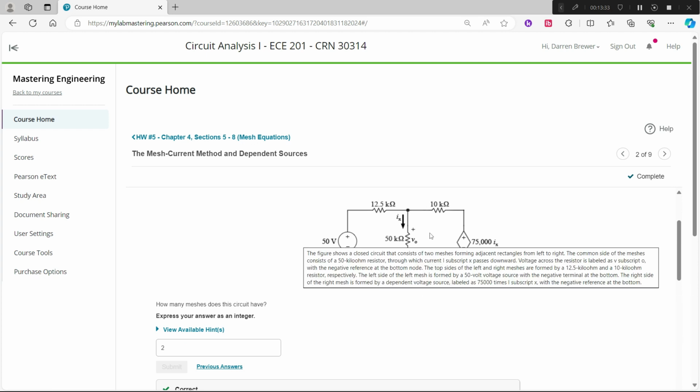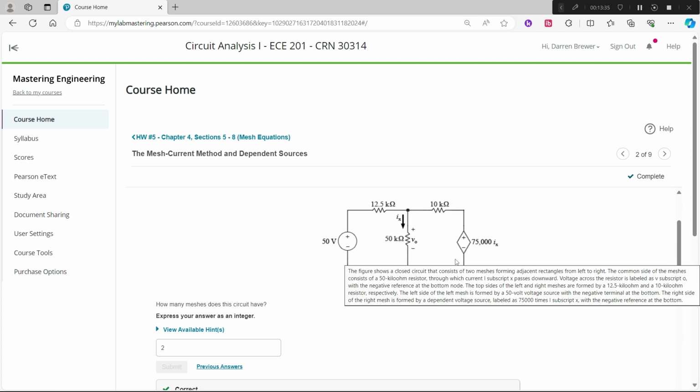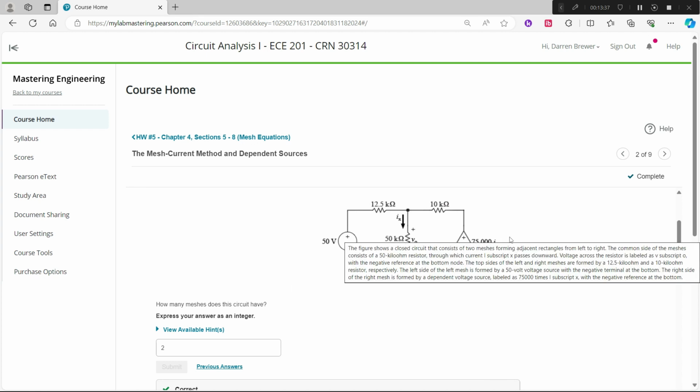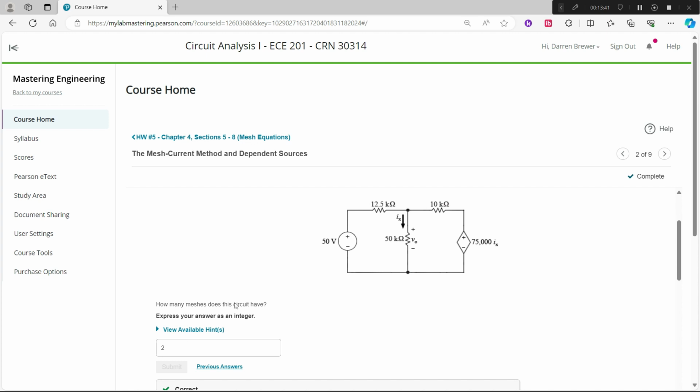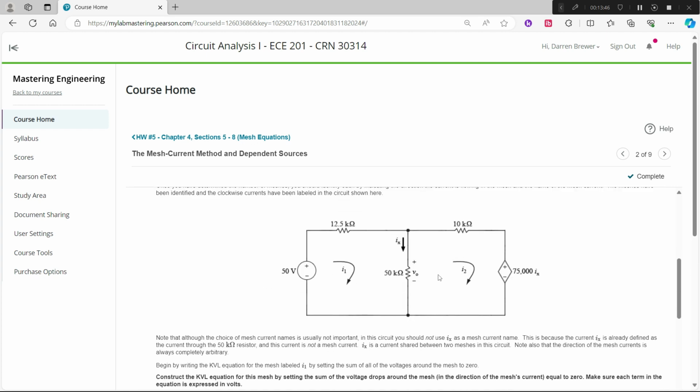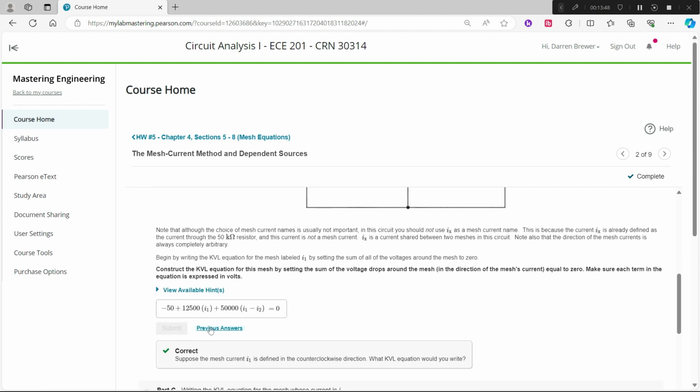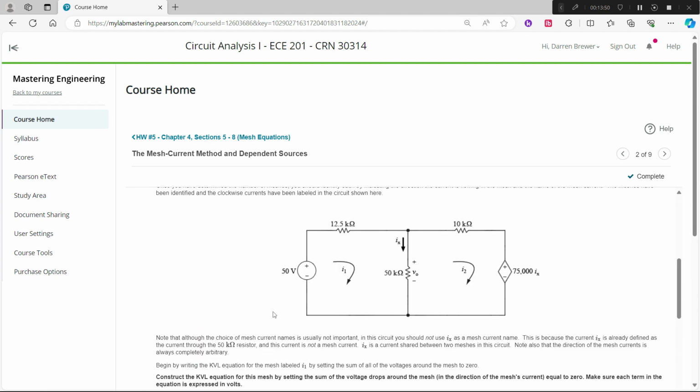You do this the same way. Here, and here are your numbers. And how many meshes? Two. Two closed circuits. Do KVL. KVL for the first one is simple.